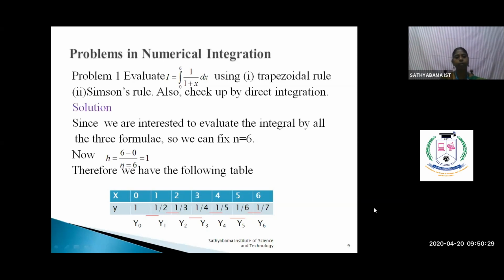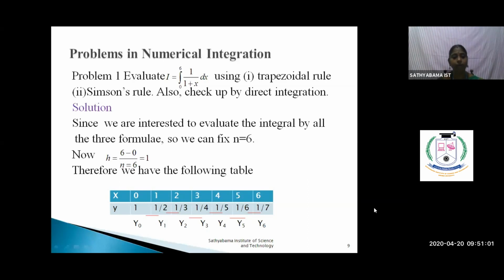Now you can take the data. How can I take the data? From x0 to xn. What is x0? x0 equal to 0, and xn equal to 6. So from 0 to 6, how are you going to divide the data? By taking the interval h equal to 1. So x is equal to 0, 1, 2, 3, 4, 5, 6.